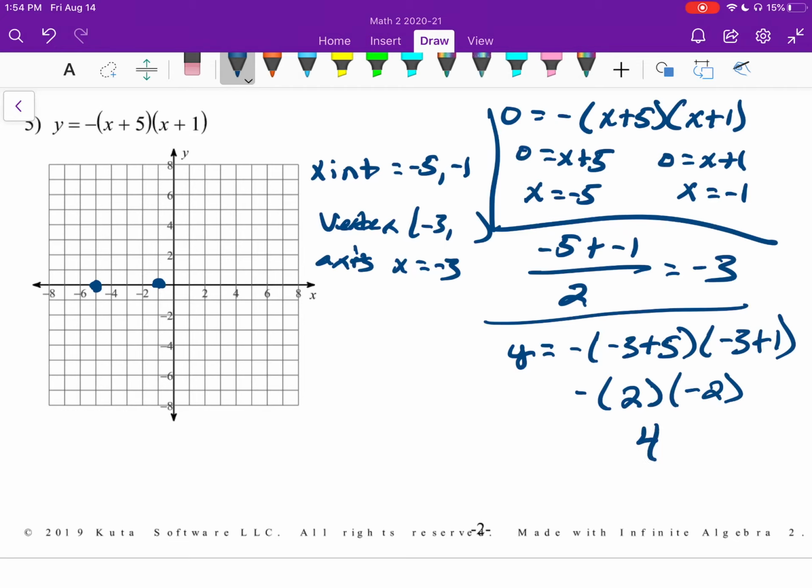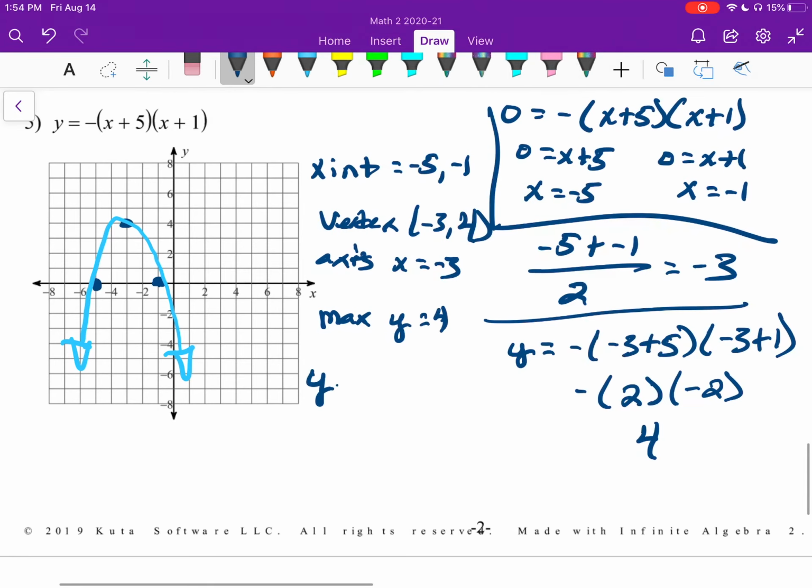Yes, positive 4. So my vertex is negative 3, 4. And I can put that on here, negative 3, 4 is all the way up there. There we are. We have a max at y equals 4.